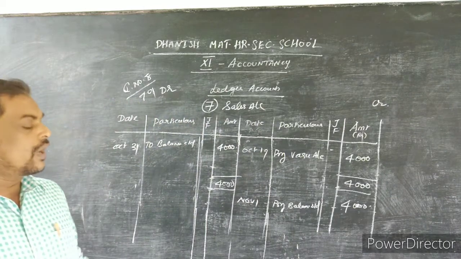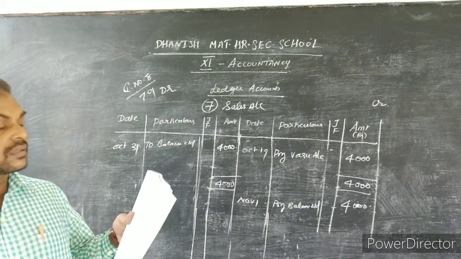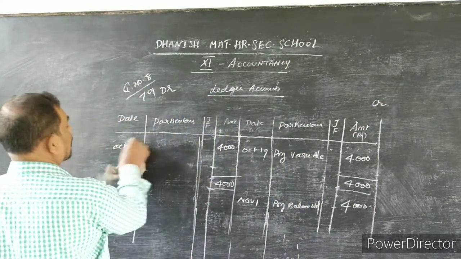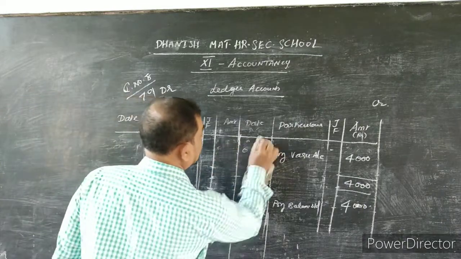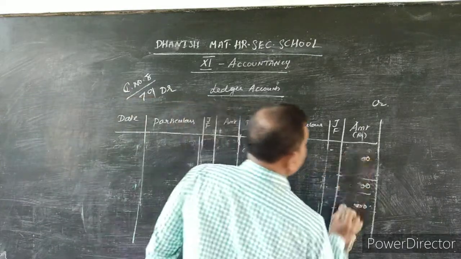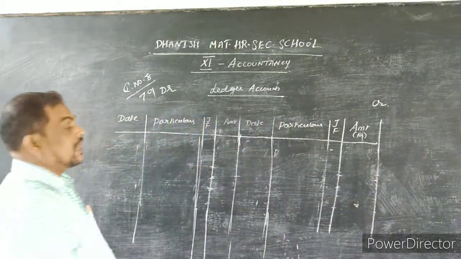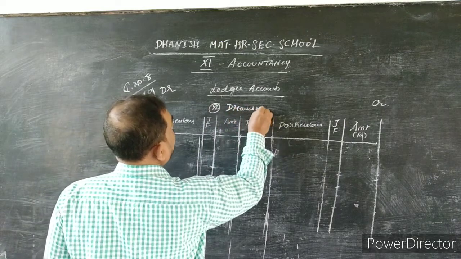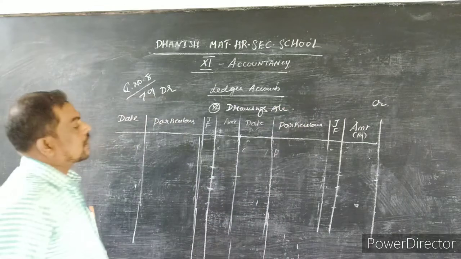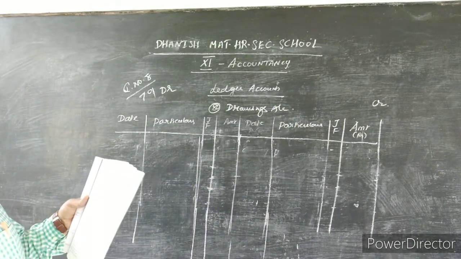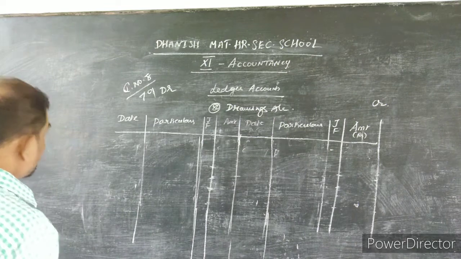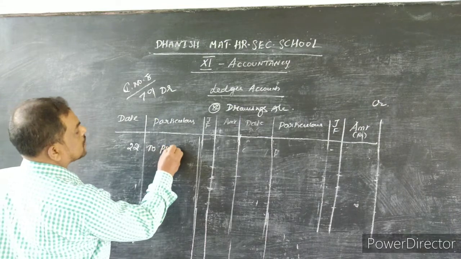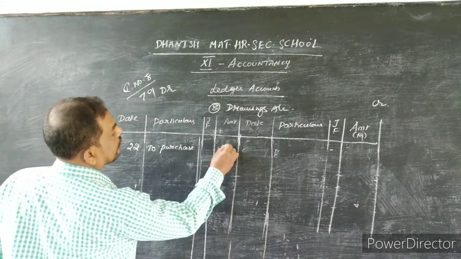Okay. Now the last ledger is drawings. The 8th ledger is drawings account. What is the entry? Drawings account debit to purchase account. So drawings is on the debit side. Put date 22, to purchase, because drawings is on the debit side. What is the amount? 500.